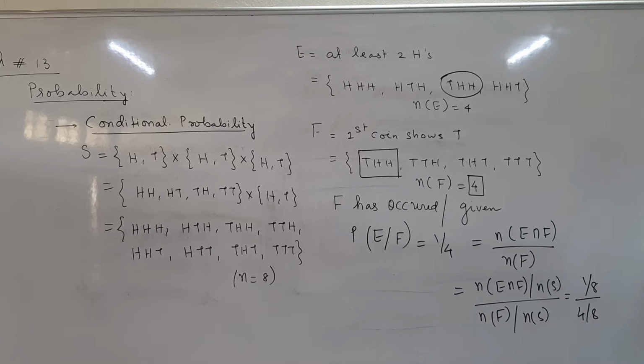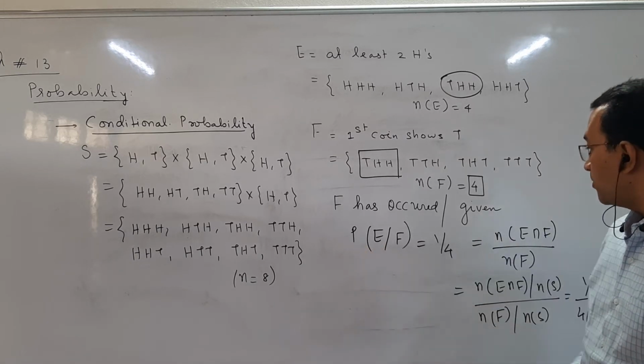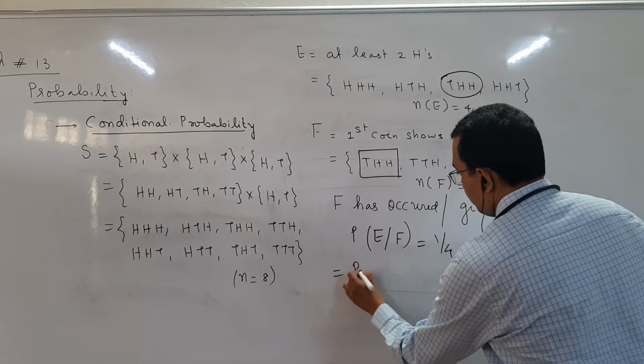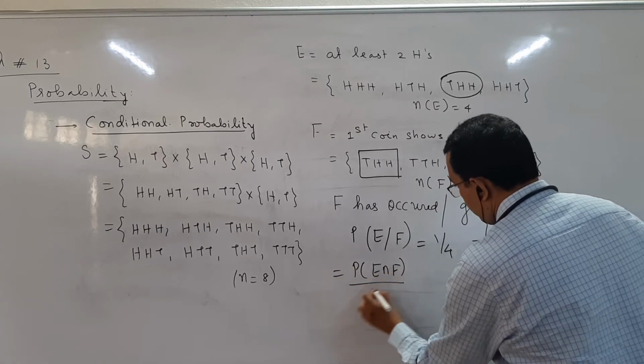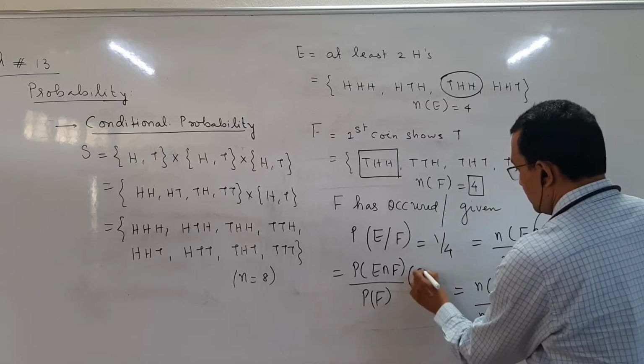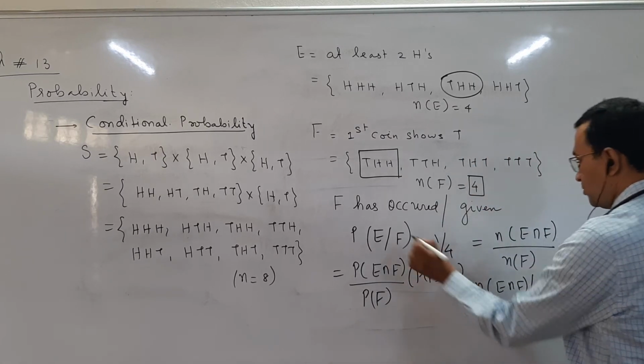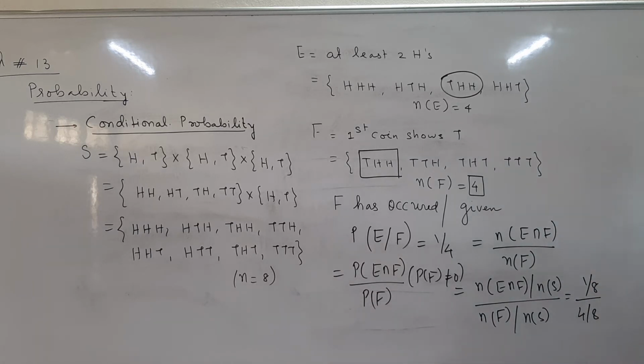Remember, let E and F be any two events of the same sample space S. Then the conditional probability of E given F, meaning F has already occurred, is denoted by P of E given F, and this formula is nothing but the probability of E intersection F upon P of F, on the condition that P of F is not equal to 0, meaning F is not an impossible event.